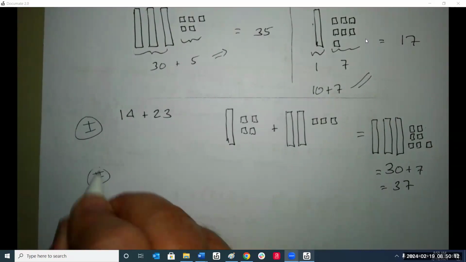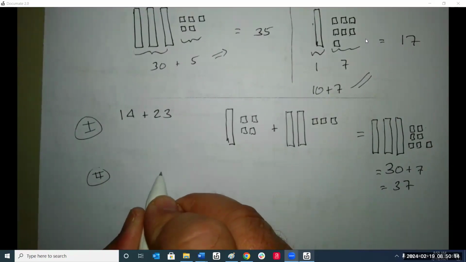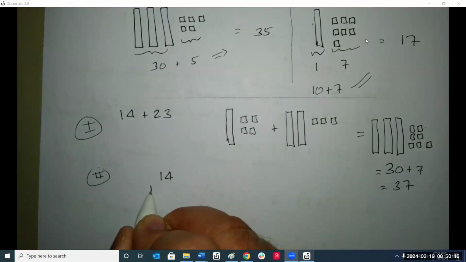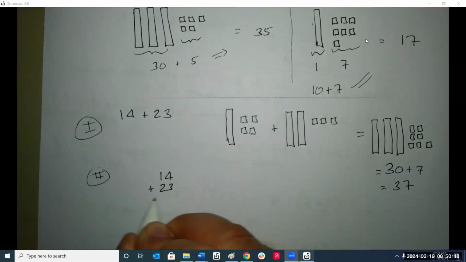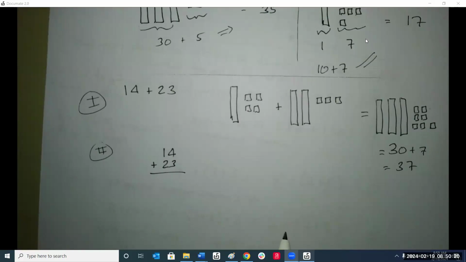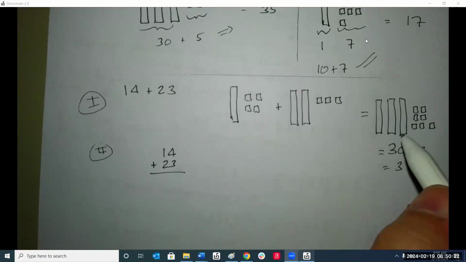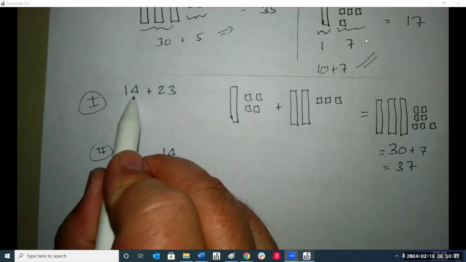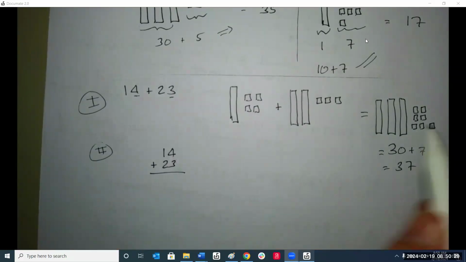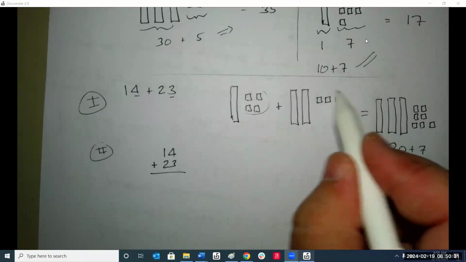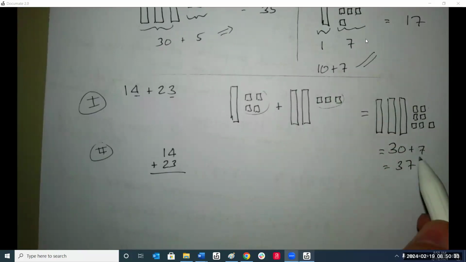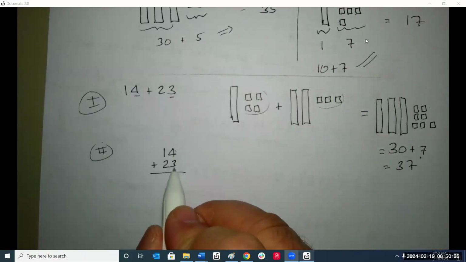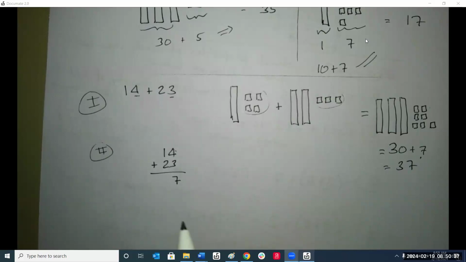The second method we could show them is 14 plus 23. I wouldn't go to this method until they got the first one. Looking at these small numbers, 4 plus 3 equals 7.